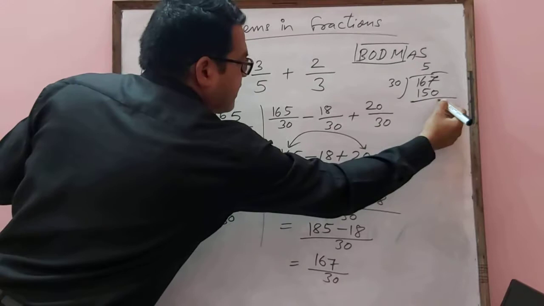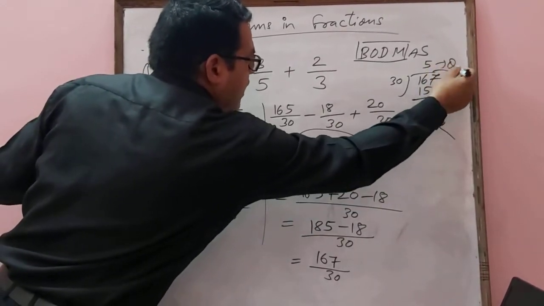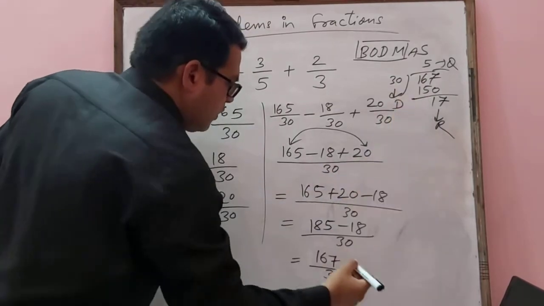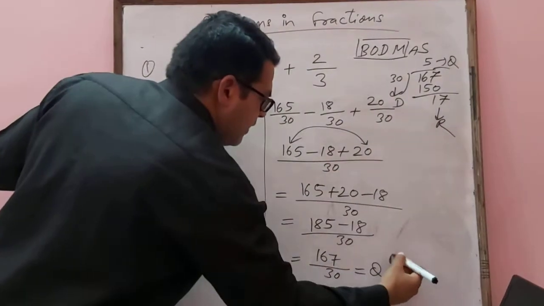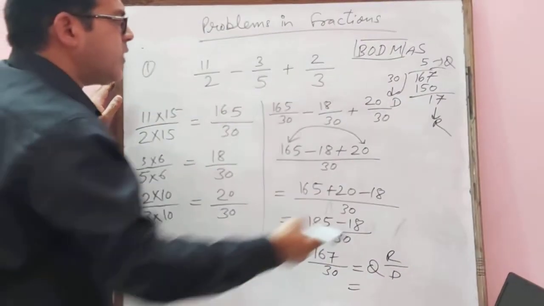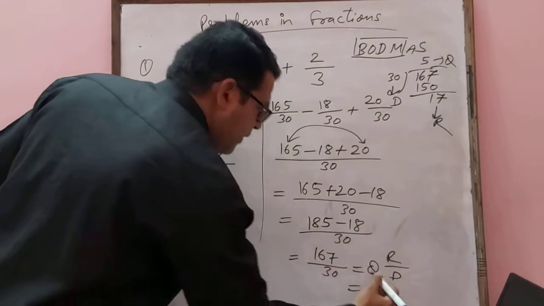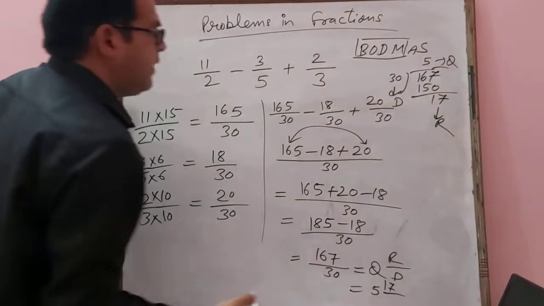After subtraction, 17 is the remainder, this is the quotient and this is the divisor. So the rule is, the quotient we write as the whole number, then the remainder, then the divisor. So the quotient is 5, the remainder is 17 and the divisor is 30.